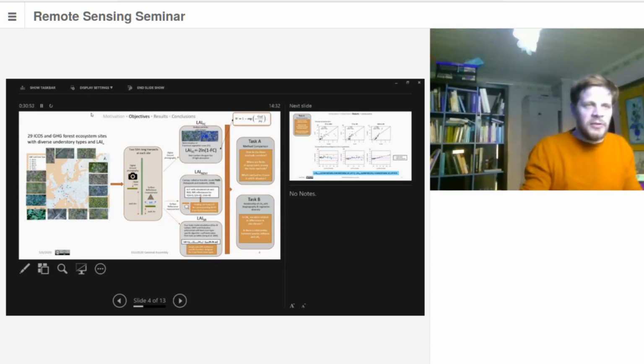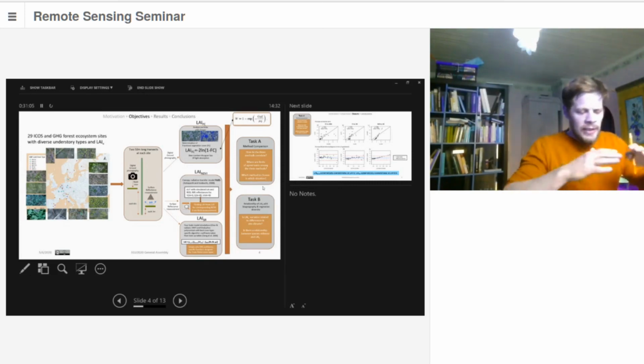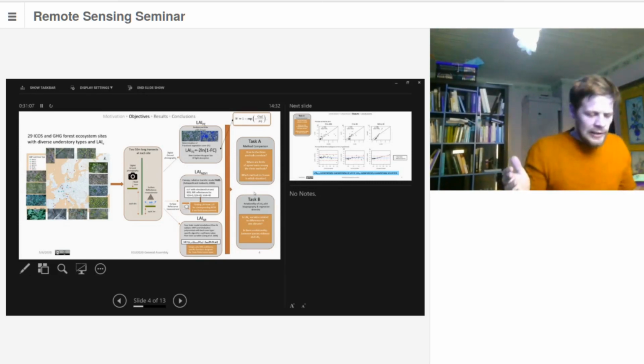Okay, this is related to this third question here. And the second task, which we see more like a small look into the future, was this: we have this big geographical diversity panel of leaf area index, so can we relate the variation that we see also to differences in biogeography, for instance, long-term climatic variables?